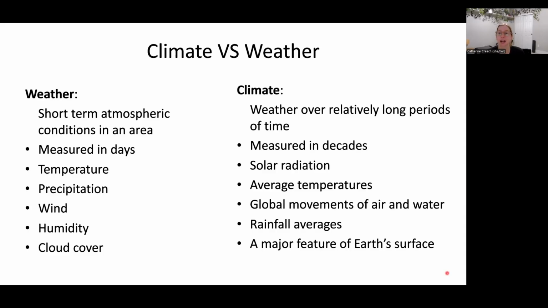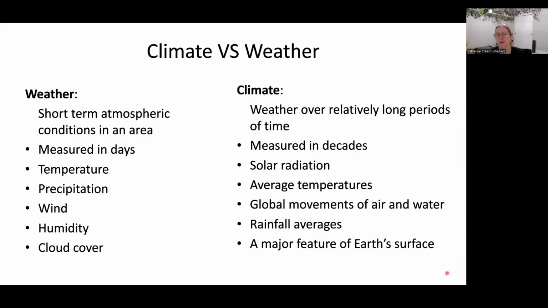We're going to look at average temperatures, not daily temperatures. We're going to be looking at global movement of air and water, rainfall averages per month or year or decade. And this is what causes the ecosystems to exist on Earth's surface. So this is really a denoter of what can live where and why.